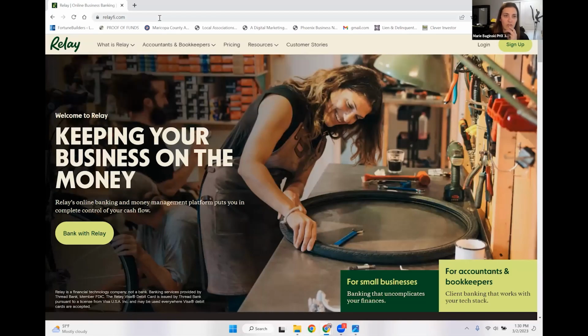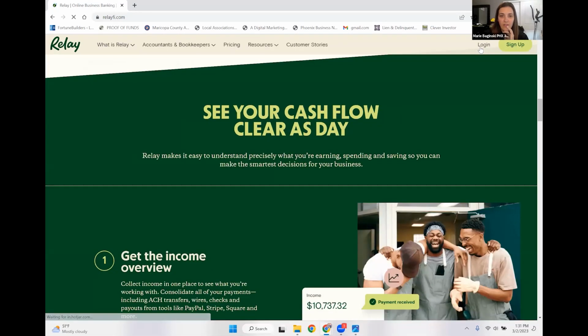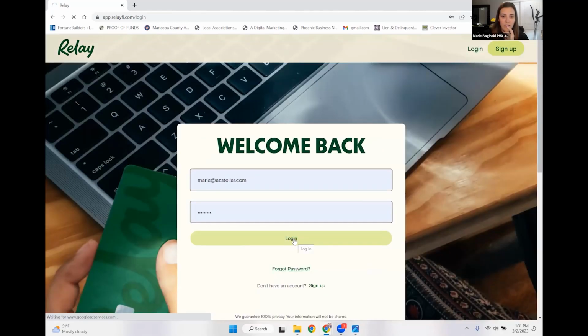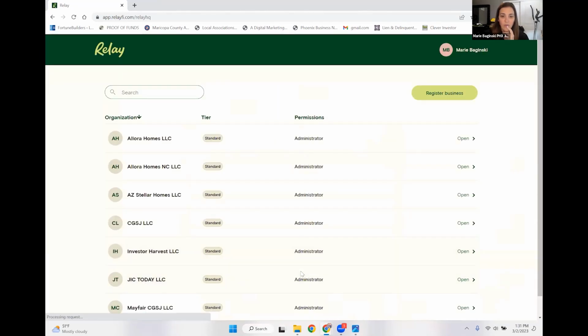Real quick, what I do want to show you guys, I know Jake showed us the screenshot with his lovely blurring out. Good thing you can't see my password. I don't know how much we talked about entity structure on the last day because I left.